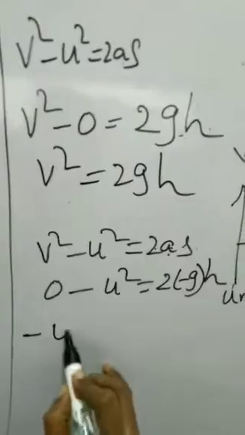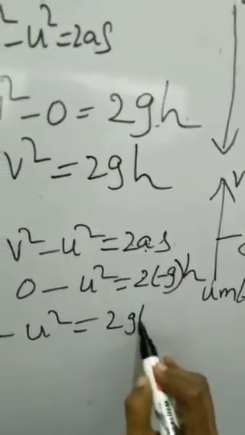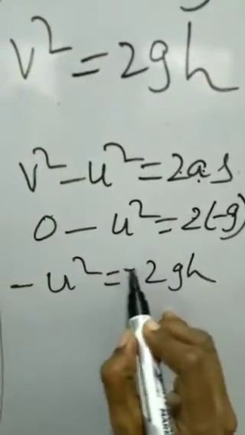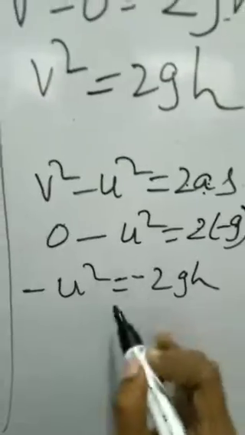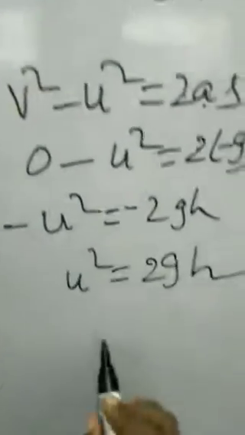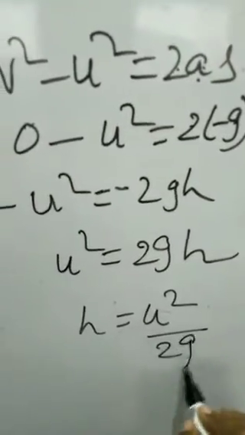So you will write minus u square is equal to minus 2gh. Minus and minus cancel, and you will get u square is equal to 2gh. You can even write h is equal to u square by 2g.